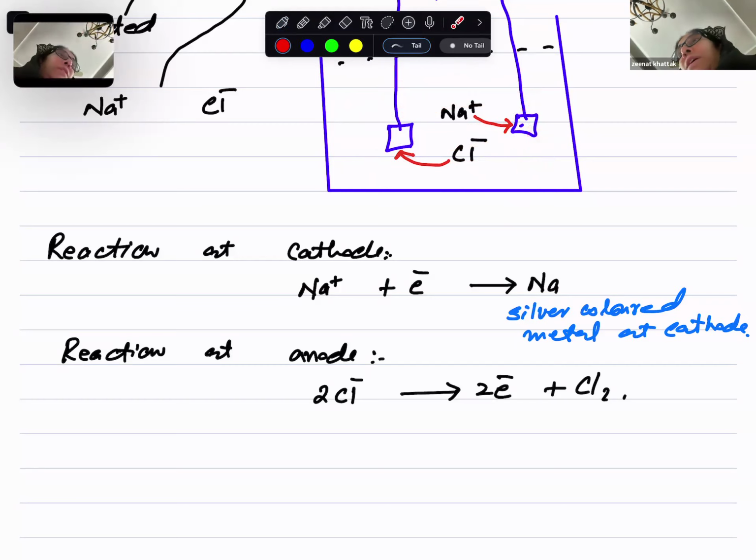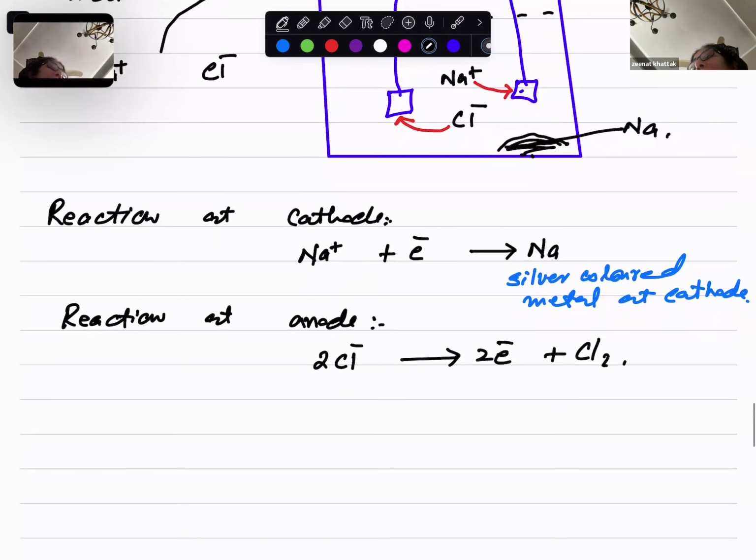It will fall down. The temperature is so high that the sodium metal formed is liquid, so it will not stick to the cathode. In the beginning it is liquid, and with the passage of time, when it cools down, it becomes solid. So silver colored metal at cathode.